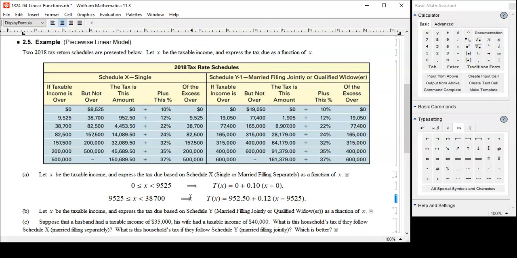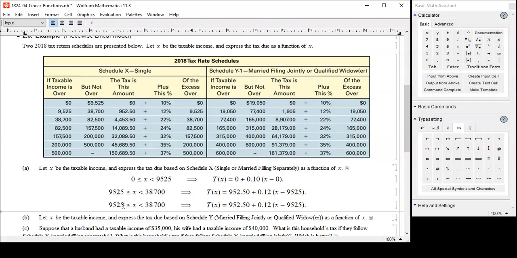Let's do just one more time. 38,700, and then up to here. Is that clear? 82,500. And then what's my tax? Now 4,453.5 plus, and then what's the tax bracket? 22%.